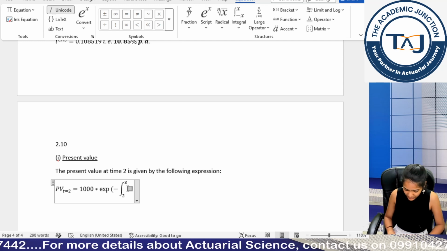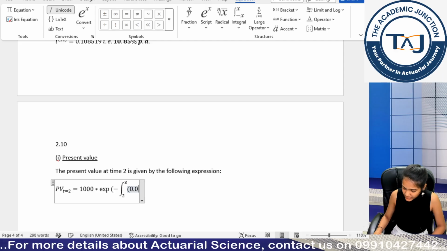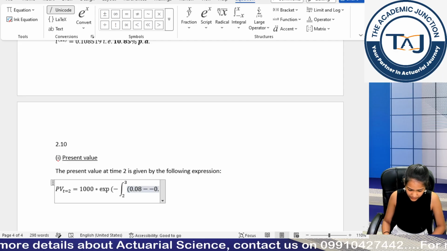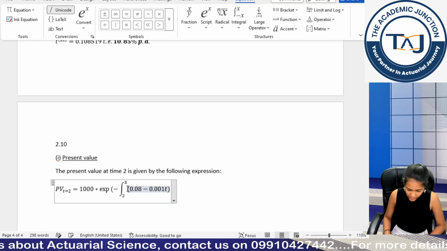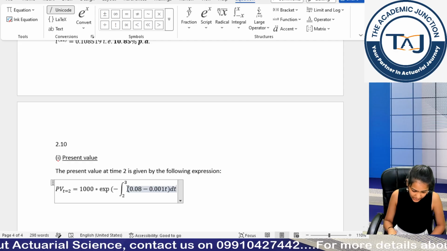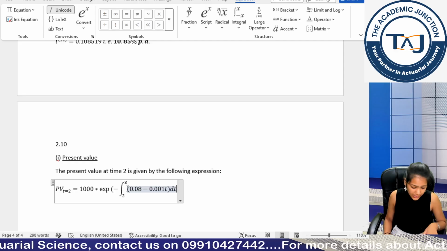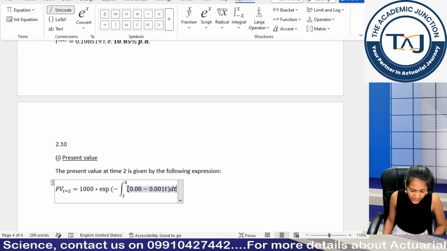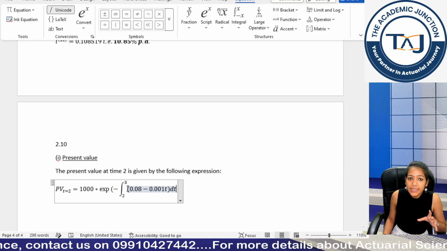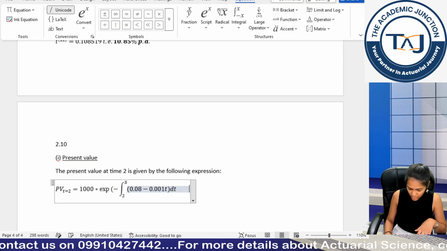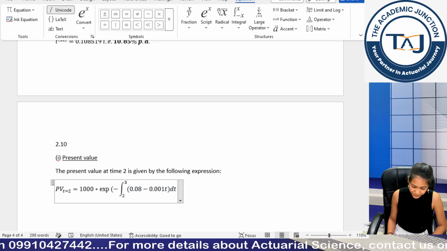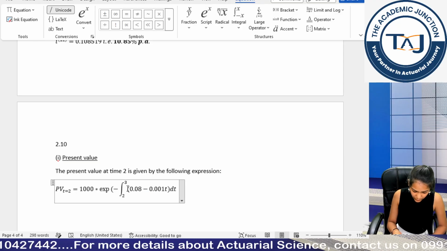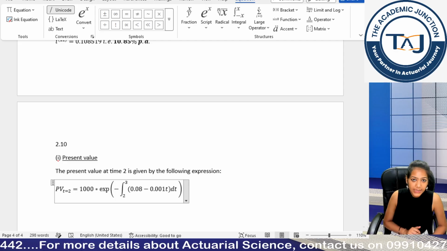So let's type the equation. It's 0.08 minus 0.001t, brackets close, dt. Now we have to escape this. If we keep pressing enter, this blue line will go on, so to escape this, we use the arrow key. Then brackets, space.